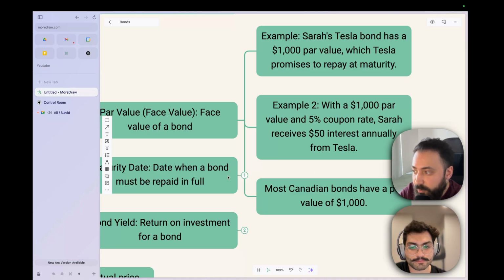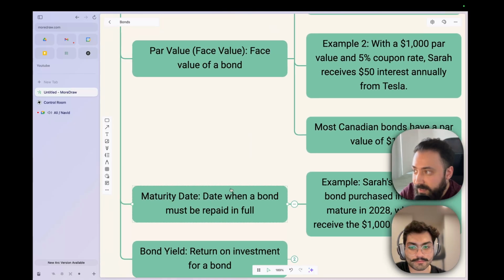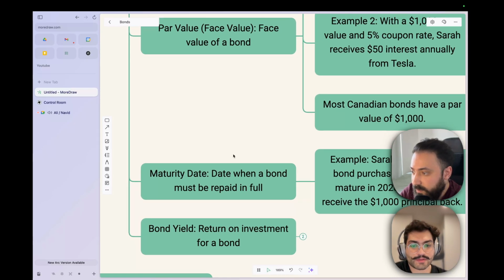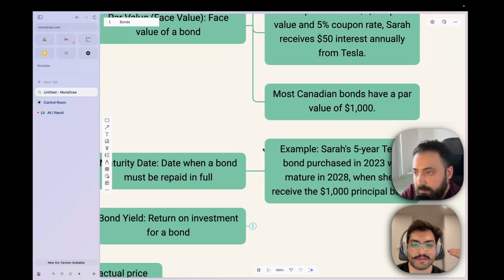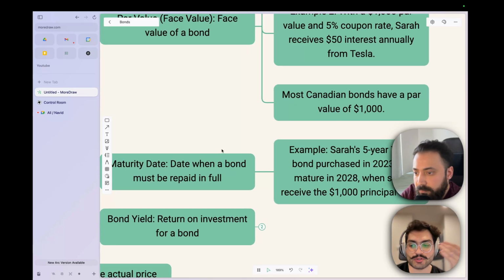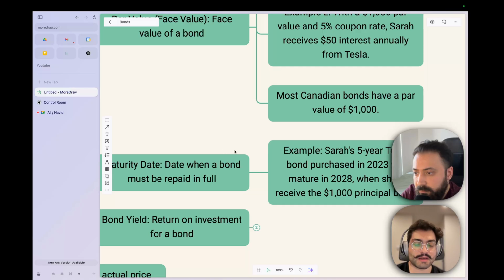But let's jump into the maturity date and see what that is. The maturity date is when Tesla is going to repay the money you lent in full. So if Sarah's Tesla bond is a 5-year bond and she bought it in 2023, it's going to mature in 2028.